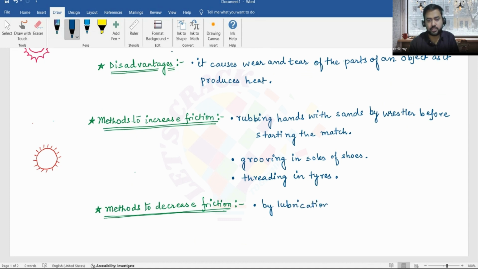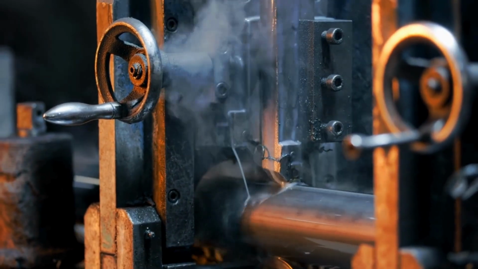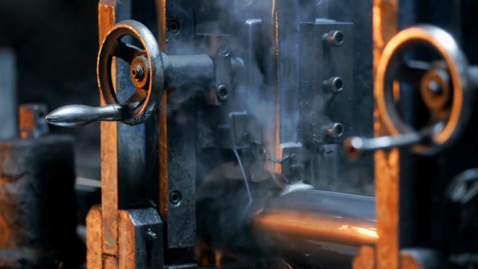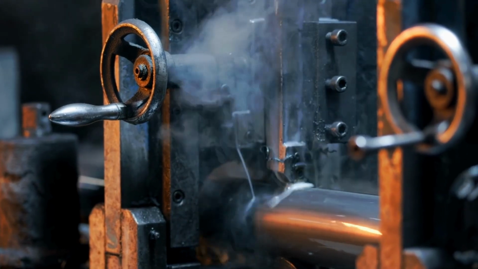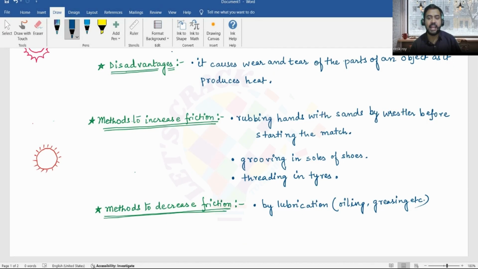Lubrication means oiling, greasing, etc. If we apply lubrication, if we are oiling and greasing, it will decrease the friction. The machine parts continuously rubbing against each other will be reduced, and as the rubbing reduces, the production of heat will also be reduced, and it will cause less wear and tear of the parts of an object.